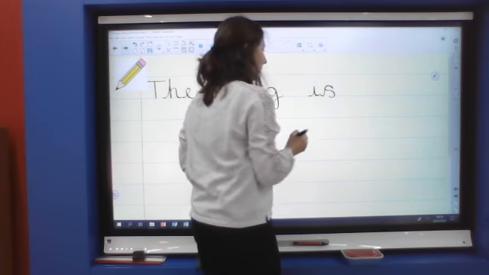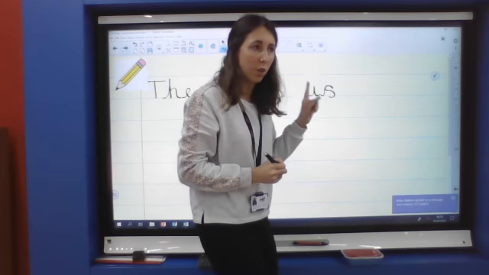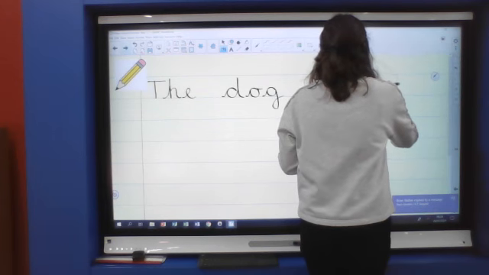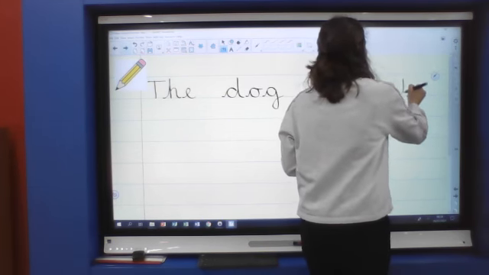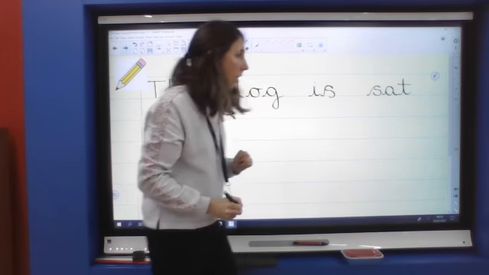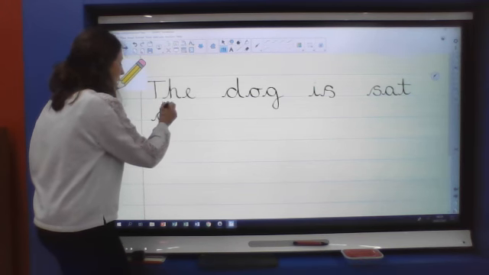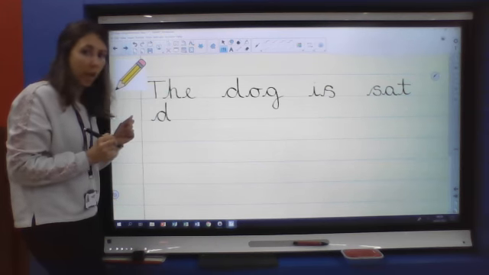is, finger space. The dog is, can you remember what my sentence was? The dog is sat down. Sat, down. Ow, so we would need ow for cow.